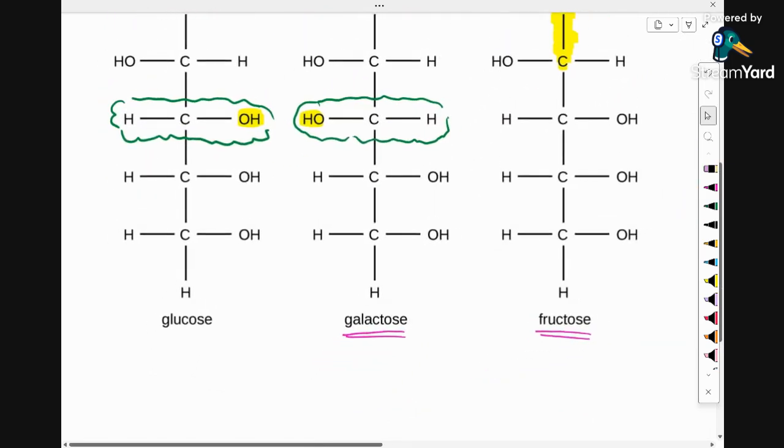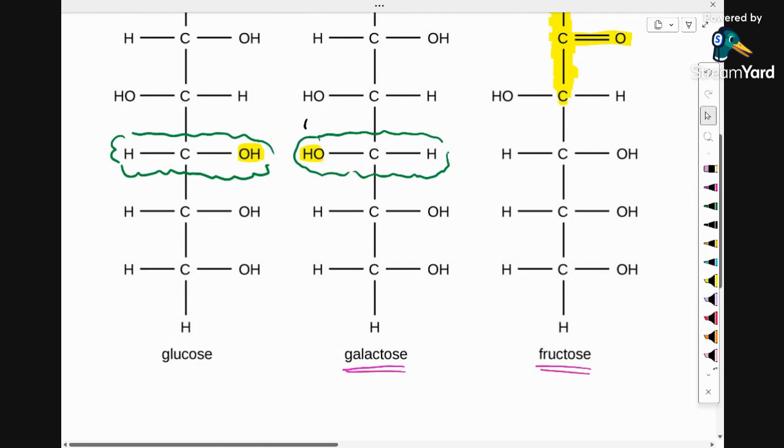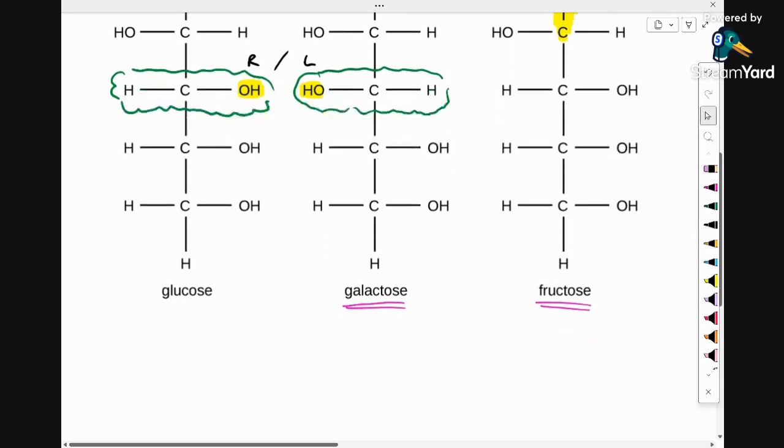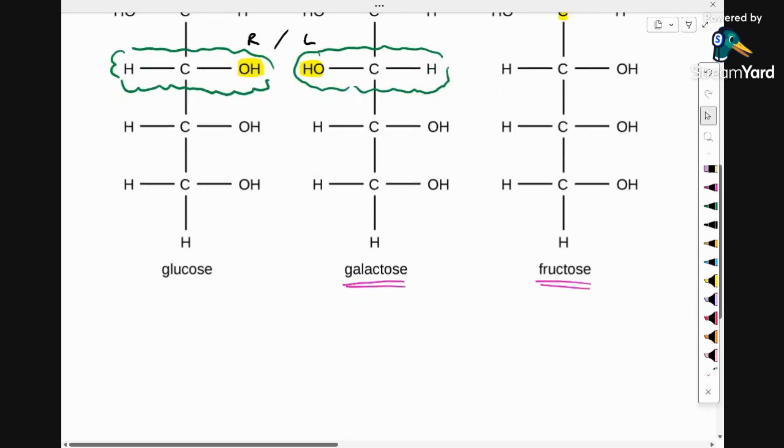Therefore, just like your left and right hands are mirror images of each other, we also have a left and right side for the hydroxyl group. This hopefully allows you to remember that speakers have left and right inputs, and therefore we term these two sugars stereoisomers.